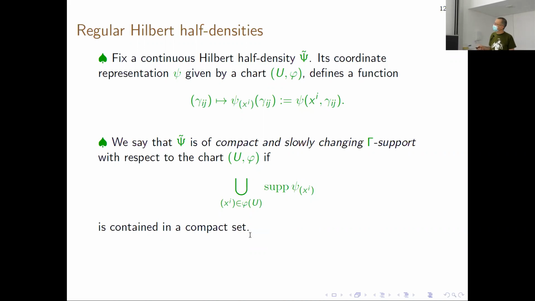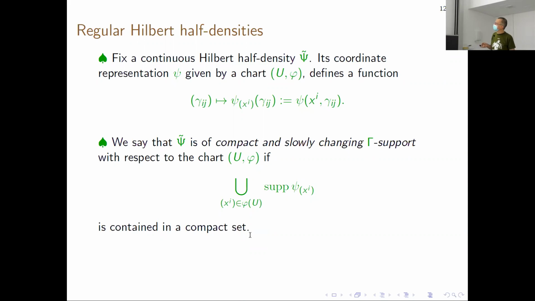And if this union is contained in a compact set, then each support is contained in a compact set. And because this is a closed set, then it has to be also compact. So this is why I say here that this half density is of compact support with respect to this chart.